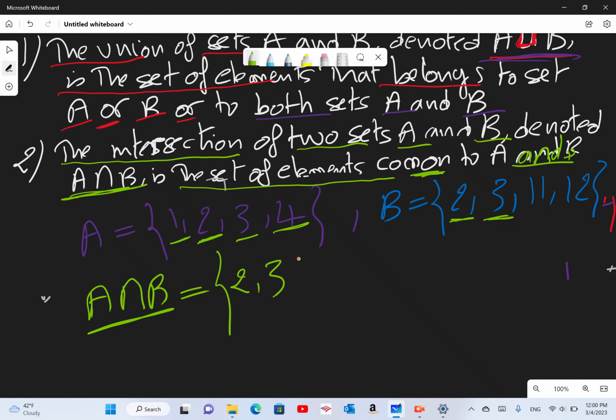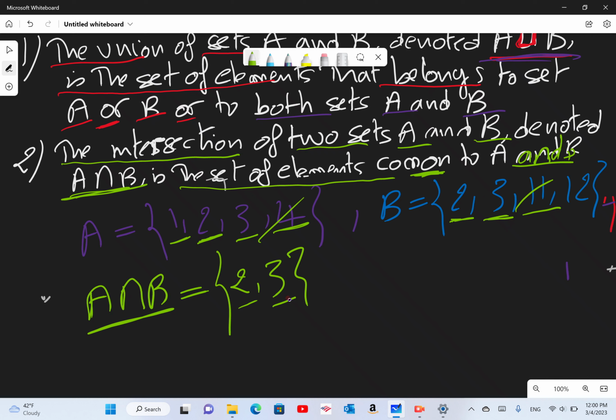Is 4 an element of A? Yes, but it's not an element of B. That means we do not include it in A intersection B. 11 is an element of B, but is not an element of A. 12 is an element of B, but is not in A. So that means we do not include it in A intersection B. So A intersection B would be just 2 and 3.